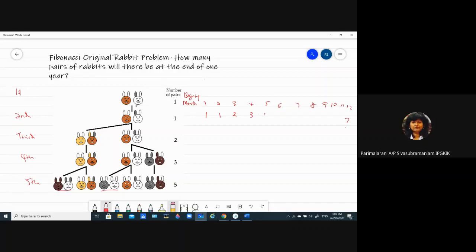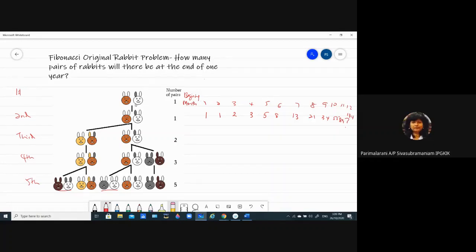And then here will be 5, 8, 13, 21, 34, 55, 89, 144. This is the beginning of the 12th month.